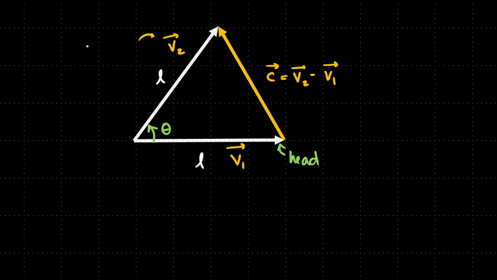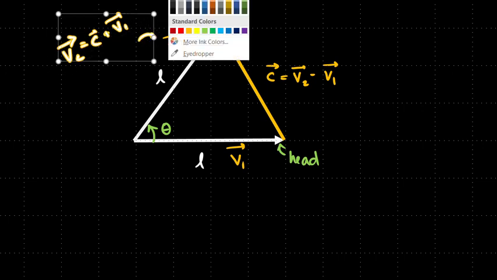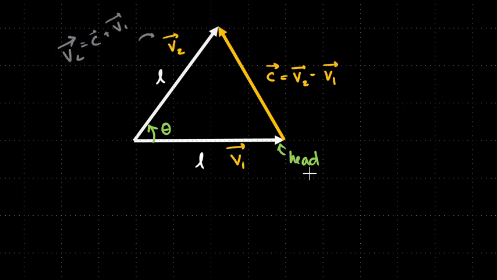So vector 2 will be vector C plus vector 1. So I think this is much clearer.